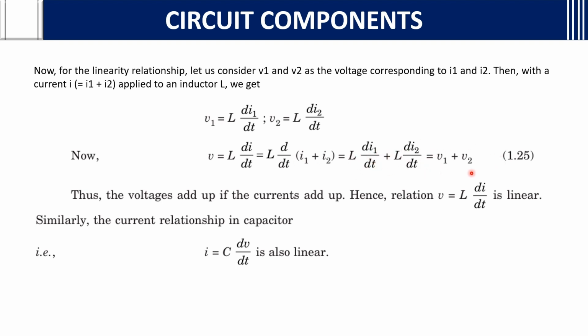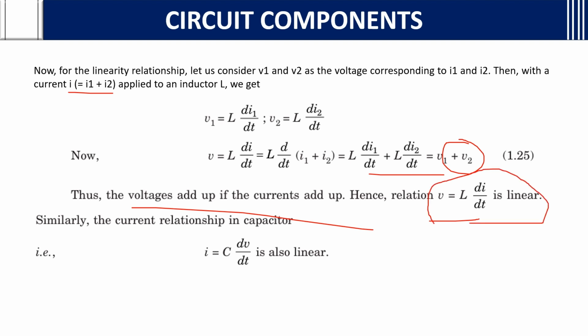That is nothing but V1 plus V2. Voltages add up as currents add up. Initially we considered the currents adding up, but after simplification we can see the voltages add up too. If the currents add, the voltages also add. Hence the relation V is equal to L di/dt is linear. We can prove it as linear.